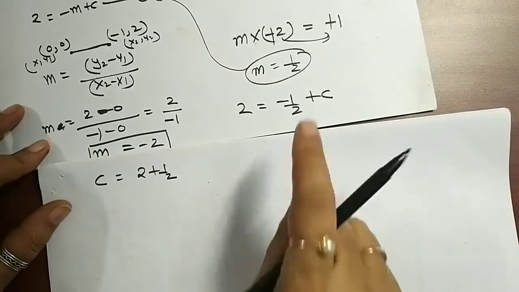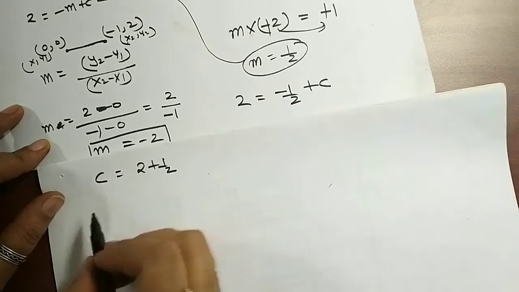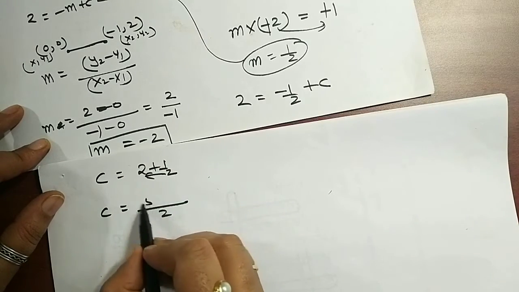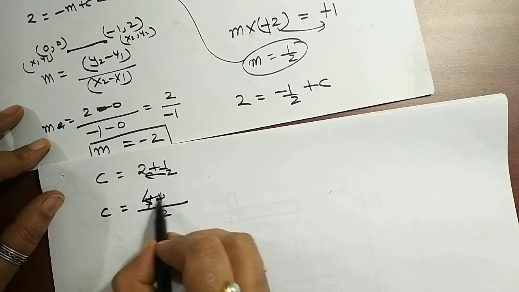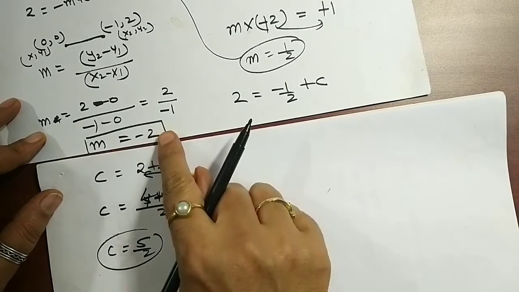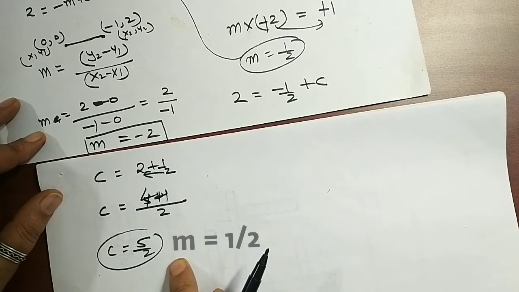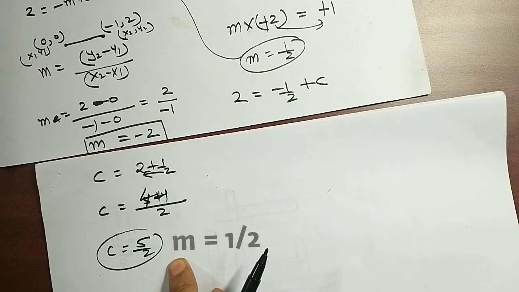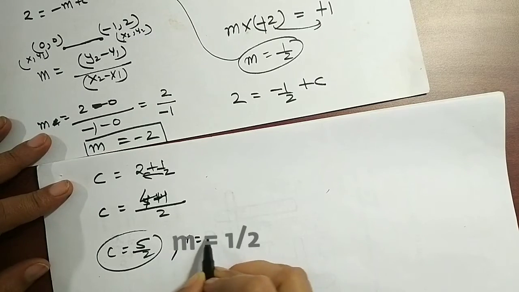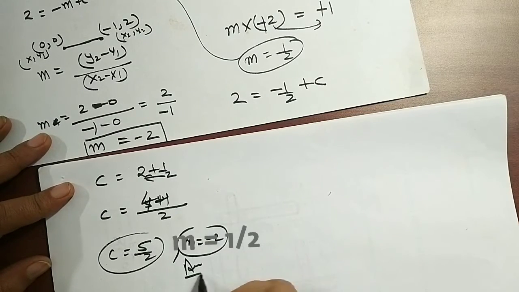This half will go there. So c will be, let me take LCM 2, 2 2s are 4, 4 plus 1, so c is 5 by 2. So I got m is 1 by 2 and c is 5 by 2. So this is my answer.